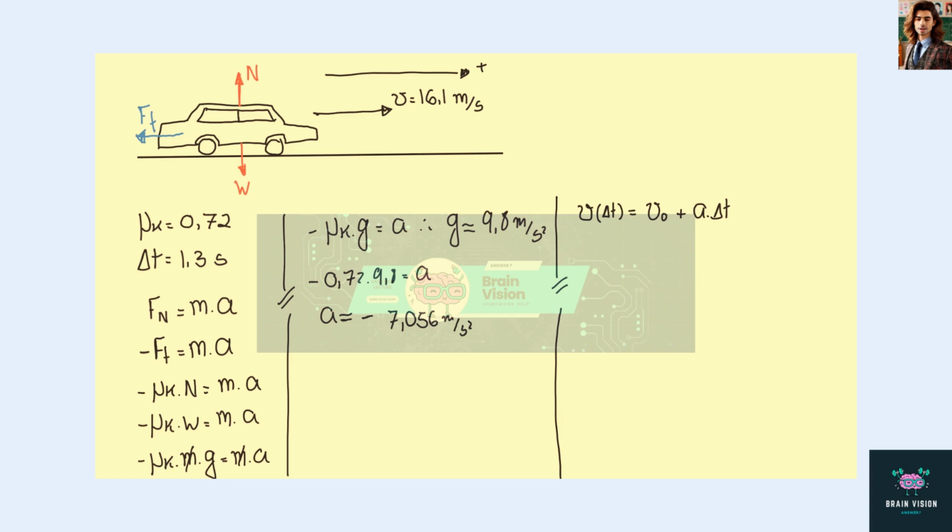Then, plugging in the values given by the problem, the velocity of the car after this 1.3 seconds is equal to the initial velocity, which is 16.1 meters per second, minus 7.056, which is the acceleration, times the interval of time of 1.3 seconds. This minus sign is because the acceleration is negative.